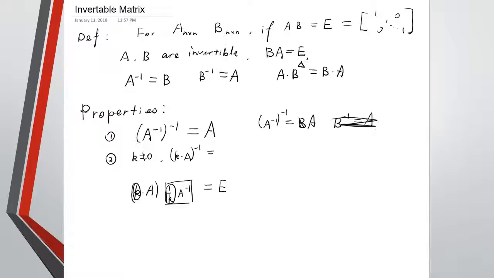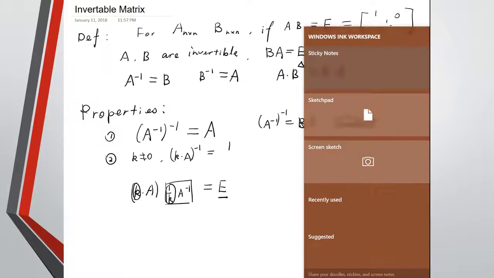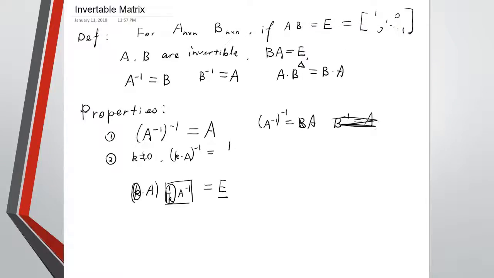And A times A inverse will also be E. So this time we'll get E for sure. And now you can say that the inverse of K times matrix A will be nothing but 1 over K times A's inverse. Okay, so that's the second property.